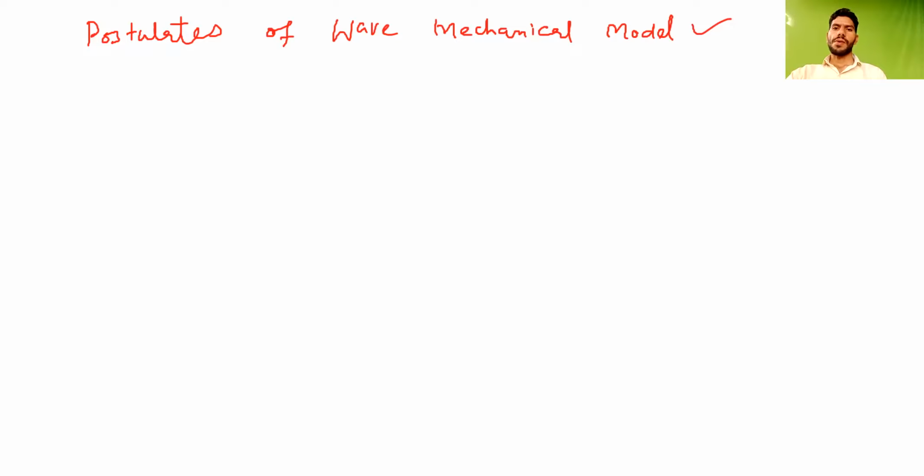So the first postulate is that according to this wave mechanical model, which was given by Erwin Schrödinger and Werner Heisenberg, the energy of an electron is always quantized. You will write this: the energy of an electron is always quantized.